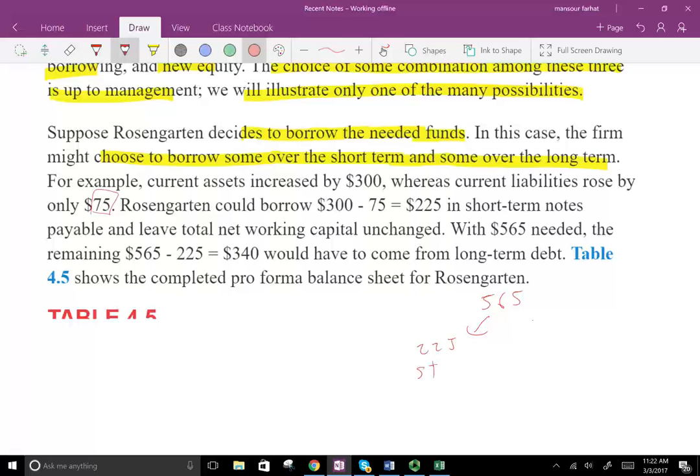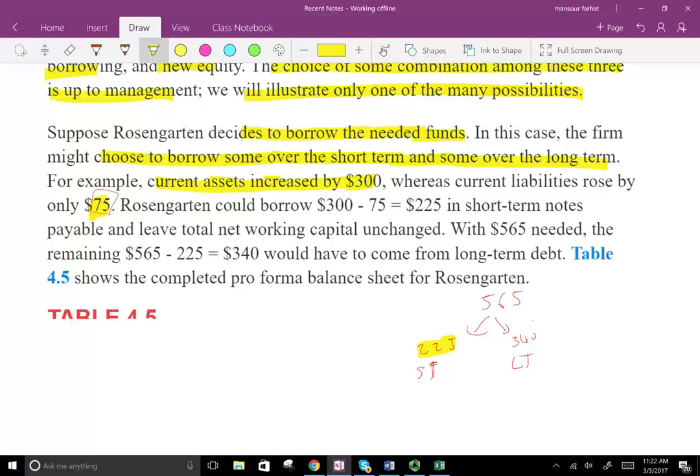If 225 is short-term, what's left is 340, which we're going to borrow long-term. They want to increase current liabilities by the same amount as current assets, so they decided on 225 short-term and 340 long-term.